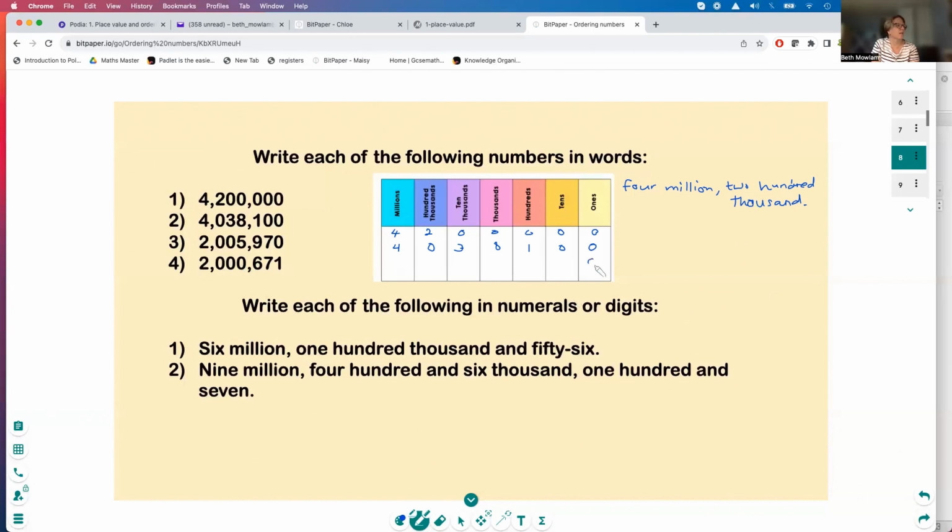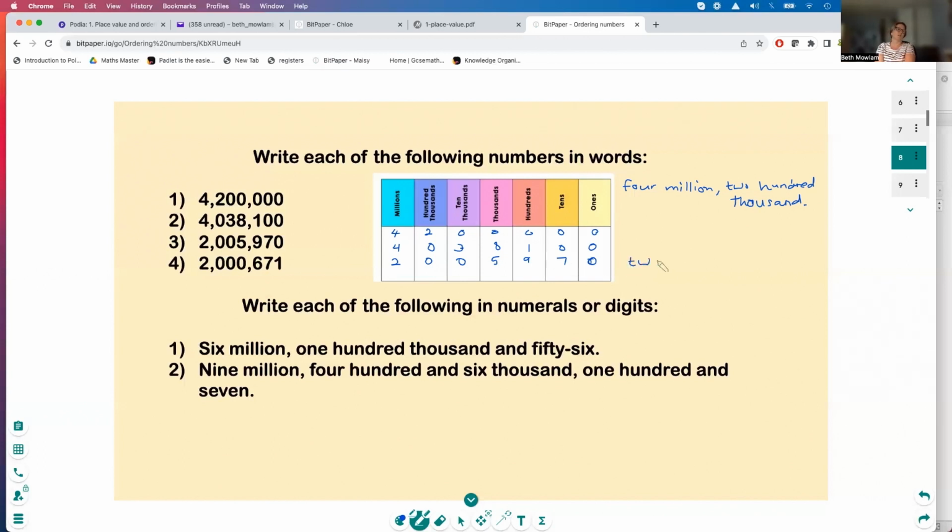So if we're looking at the next one, on this one, we've got 2 million. Don't have any hundreds of thousands, don't have any tens of thousands. So we go straight into the 5,970. So we've got 2 million, 5,970.